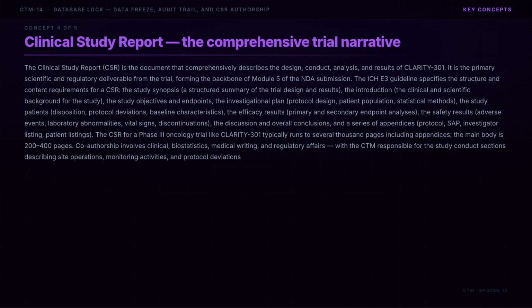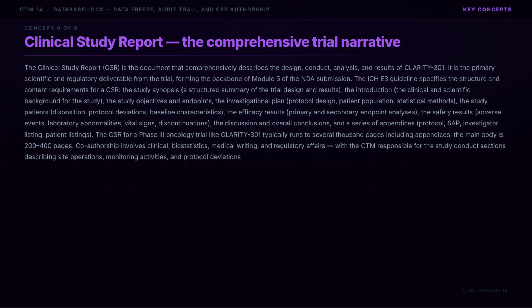The study synopsis, a structured summary of the trial design and results. The introduction, the clinical and scientific background for the study objectives and endpoints, the investigational plan, protocol design, patient population, statistical methods, the study patients, disposition, protocol deviations, baseline characteristics, the efficacy results, primary and secondary endpoint analyses, the safety results, adverse events, laboratory abnormalities, vital signs, discontinuations, the discussion and overall conclusions, and a series of appendices, protocol, SAP, investigator listing, patient listings.